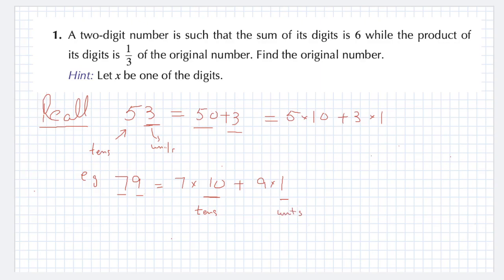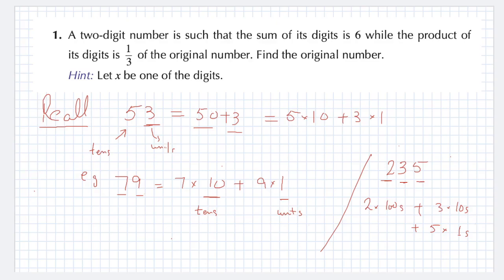Similarly, if we extend to three-digit numbers, like 235, that means it has 2 hundreds, 3 tens and 5 units. So this is how we can break a number into units, tens, hundreds, thousands, and so on.